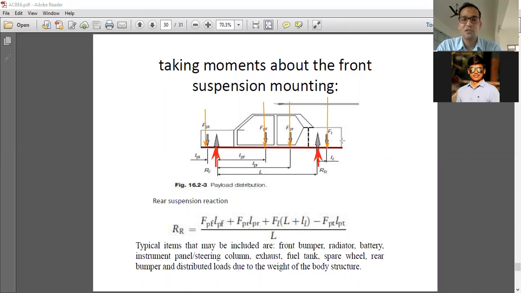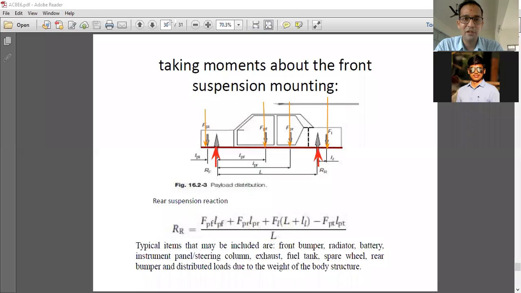These are the loads, four loads acting in the downward direction, and two reactions. Here we are taking observation in a particular format. We are imagining that the whole load distribution is concentrated for observation of the side view, and it is considered to be a simply supported or overhung beam diagram for different loading conditions. And for that we are getting the rear suspension reaction like this.